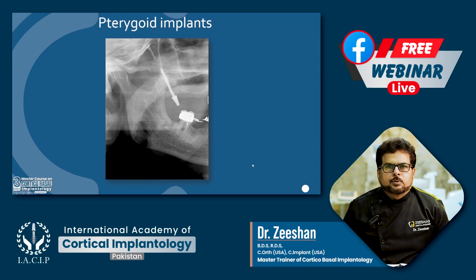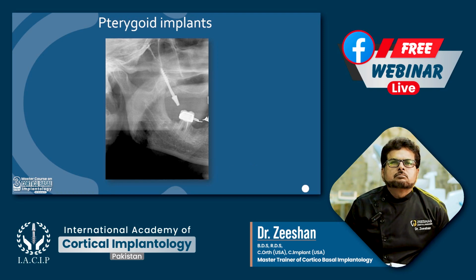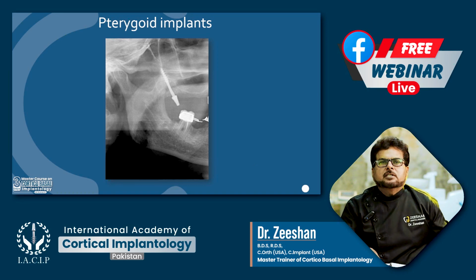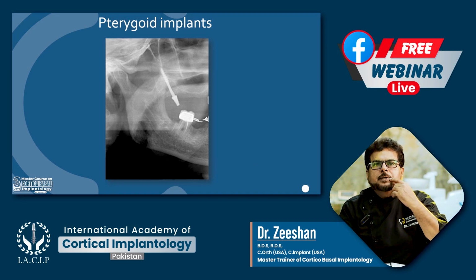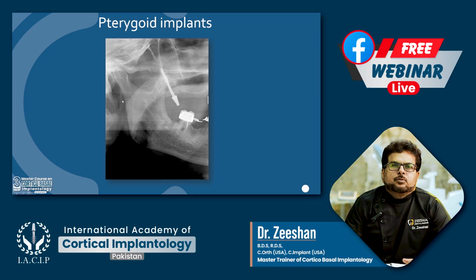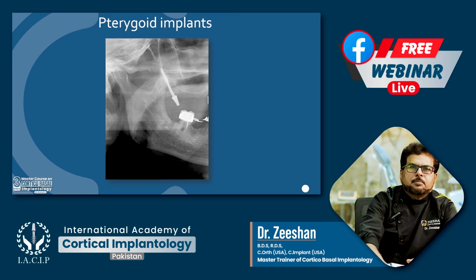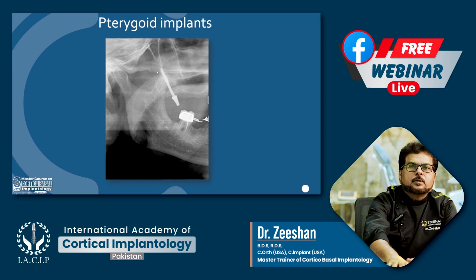pterygoid fusion zone. So after placing this implant, you have to bend it, and once you start placing pterygoid implants successfully, you will find that the primary stability is excellent in this region.